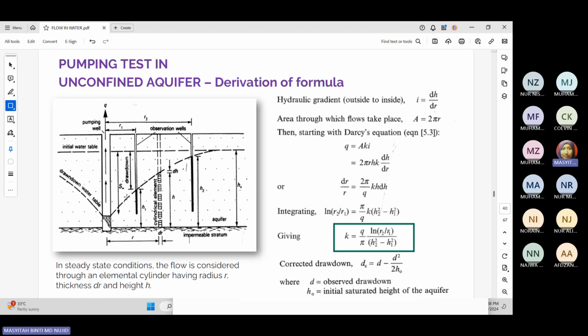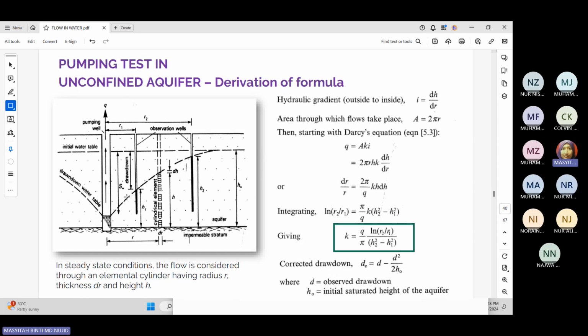Kalau you letak side by side the confined aquifer schematic diagram dengan unconfined aquifer schematic diagram, you can see closely how it is different. You akan nampak dari segi H1, H0, H, kemudian the drawdown effect, and then the observation well water height pun also different.